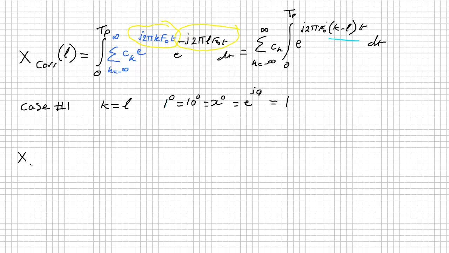So we're going to write down x of L, a function of L, is equal to the summation from minus infinity to plus infinity, and then we have our integration, and of course e to the power of j0 is going to be 1, so we're just going to integrate the constant 1.